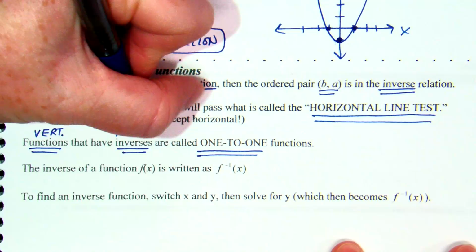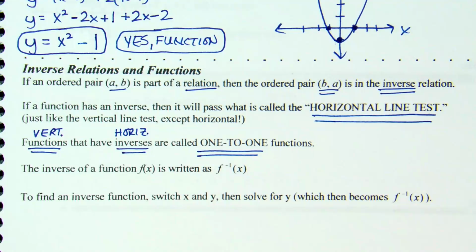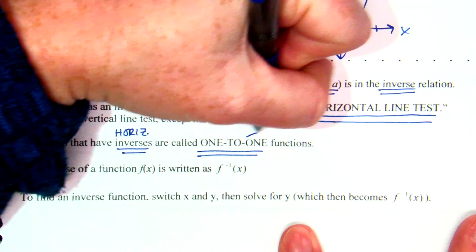So how do we know if something is what we call a one-to-one function? If it passes both. Exactly where I was trying to get you guys to say. So if it passes both vertical and horizontal line test.